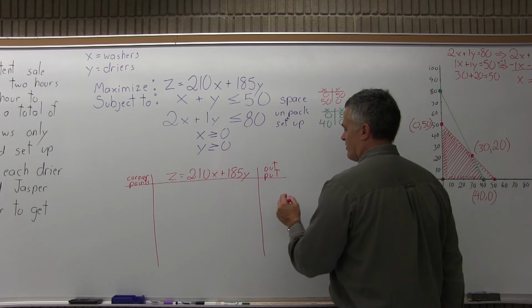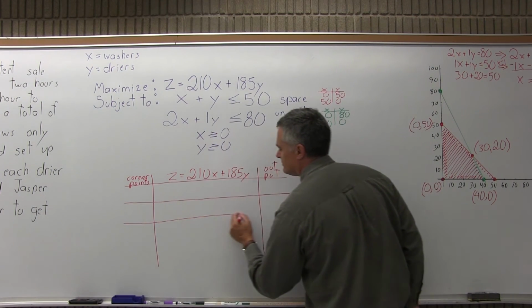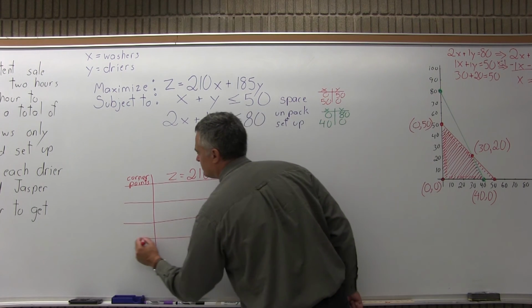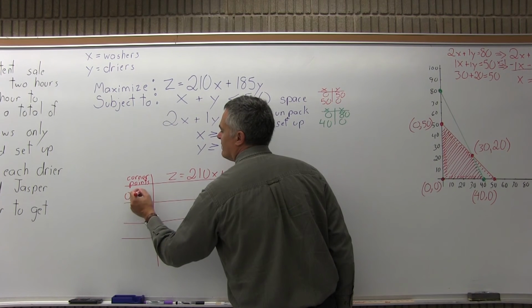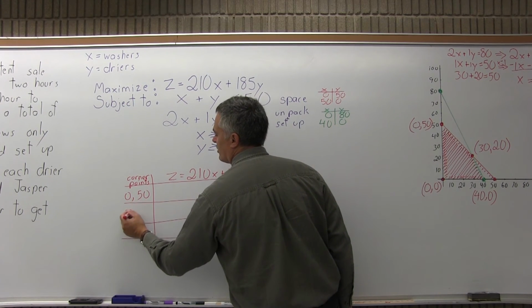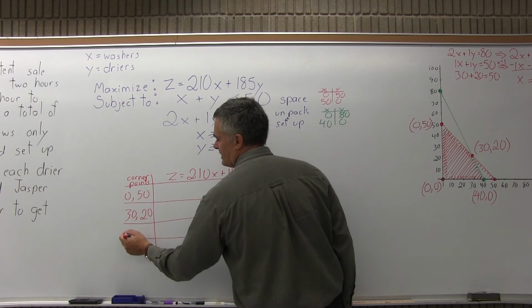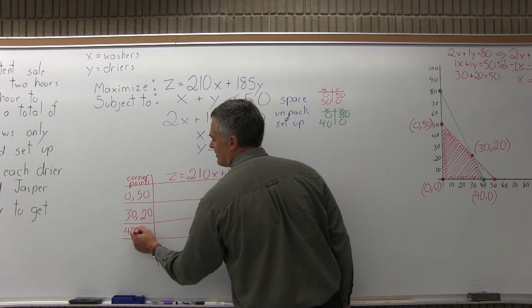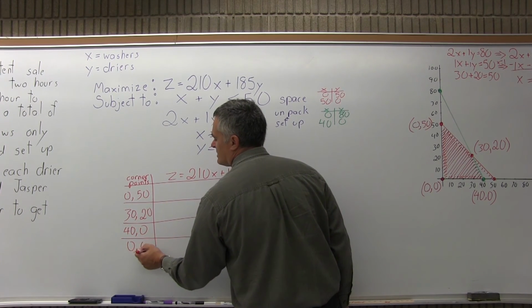And I have 4 corner points, so I will need 4 rows in my chart. One corner point is 0, 50. The next corner point is 30, 20. The next corner point is 40, 0. And the last corner point is 0, 0.